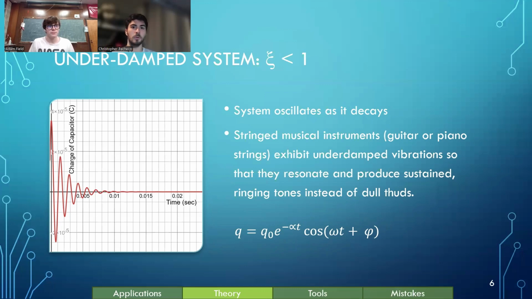As it decays, the string will oscillate back and forth across its equilibrium position, and then it'll slowly approach a steady state at which it's no longer vibrating and the string is just at the equilibrium position. For our RLC circuit, it works the same way. Ideally, our capacitor will discharge and charge up back and forth across its equilibrium position until eventually it decays to having zero charge in itself.